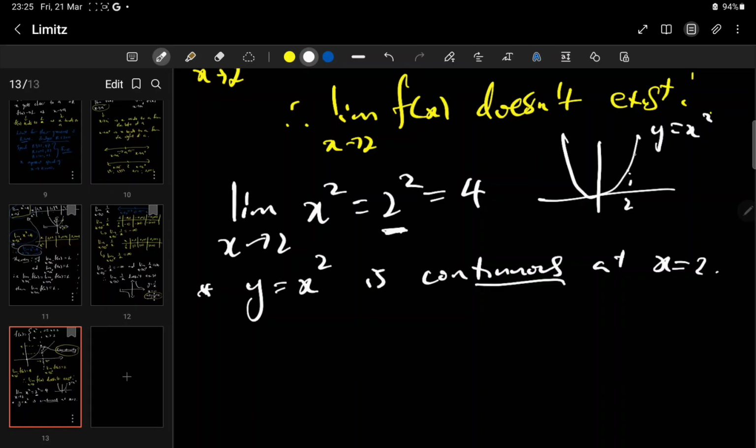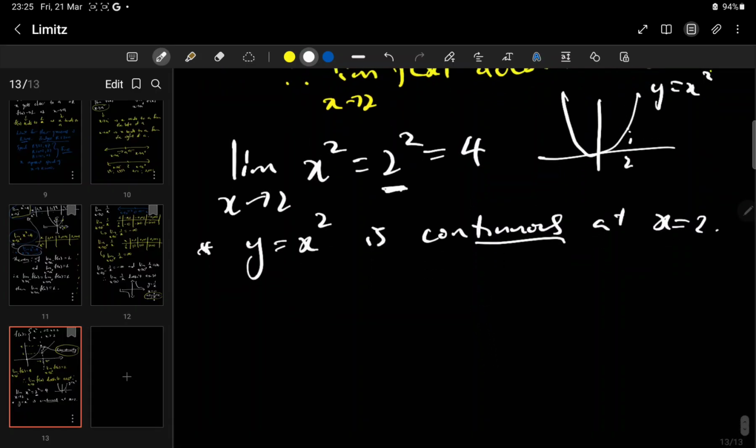In other words, there is no jump and no gap. Think of a particle walking on this graph: when it gets to x equals 2, the particle will still continue on the path. It won't stop or jump.